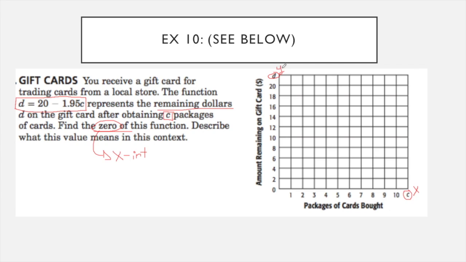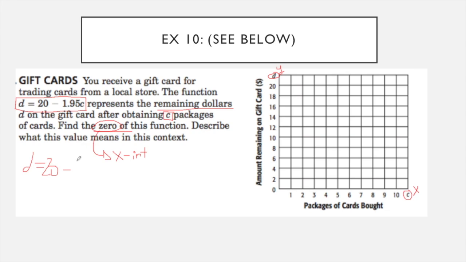So our y-intercept, or in this case our d-intercept, will be when the other one is 0, when c is 0. So plugging in a 0 for c will tell me what value on this line my graph will be. So going to my equation, d equals 20 minus, and now I want to plug in a 0 for c.